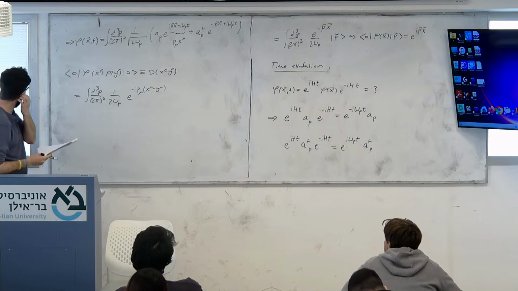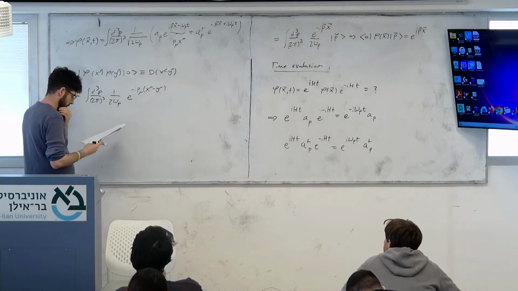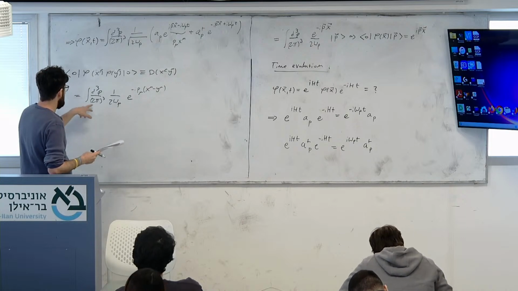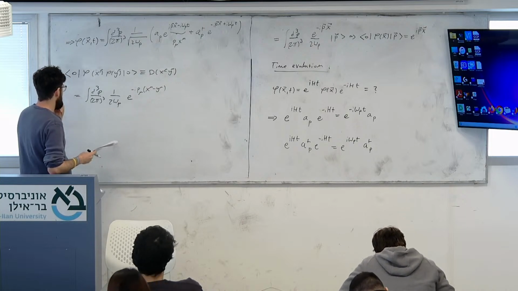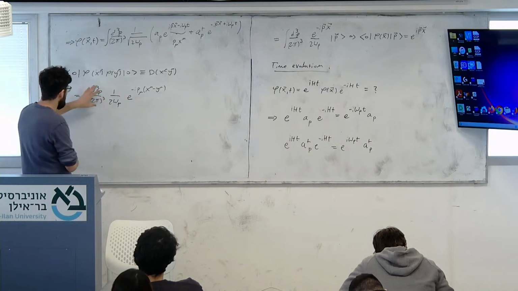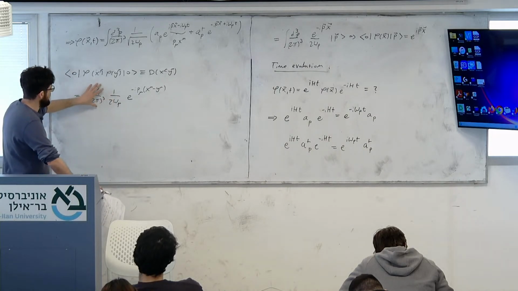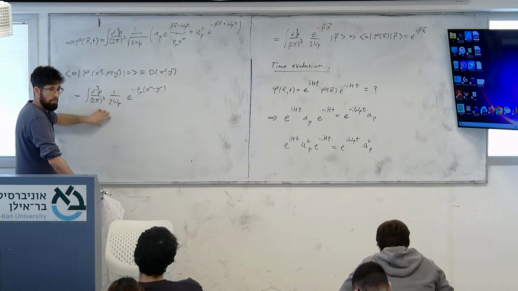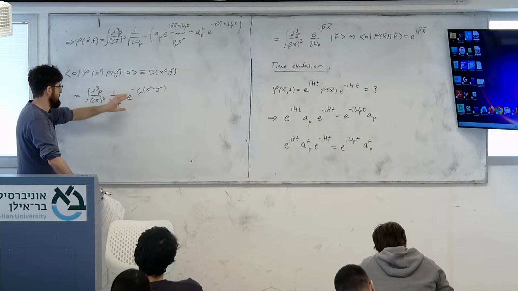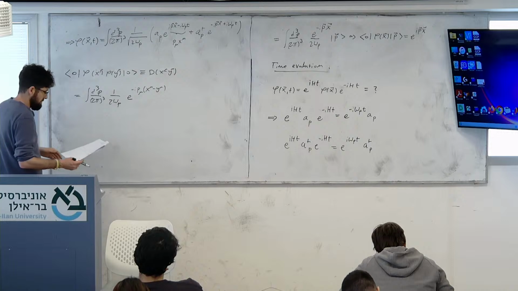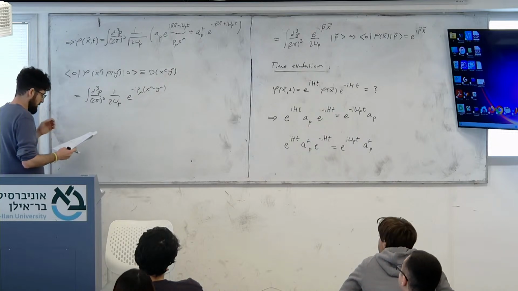In fact, I don't know if I have this as a comment, but one can transform this integral into an integral over space-time, where this disappears and it just becomes this exponent. I don't remember the details, but maybe we'll also give that.